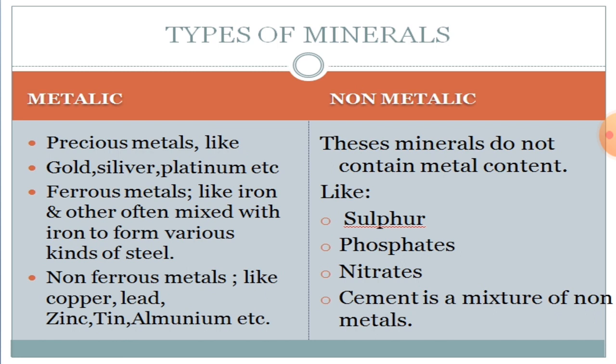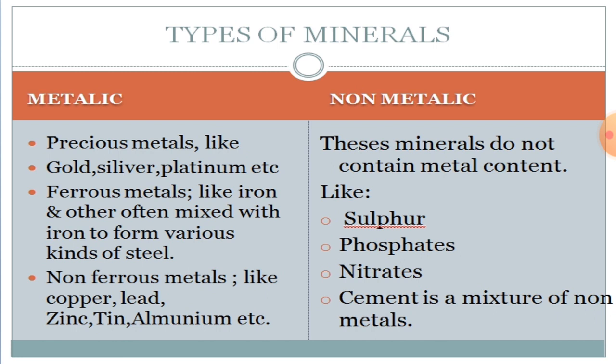These metals are of high economic value, for example gold, silver, platinum, etc. The second group is the ferrous metals. These metals contain iron content and are often mixed with iron to form various kinds of steel. The third group is non-ferrous metals, which do not contain iron content, like copper, lead, zinc, tin, aluminum, etc.